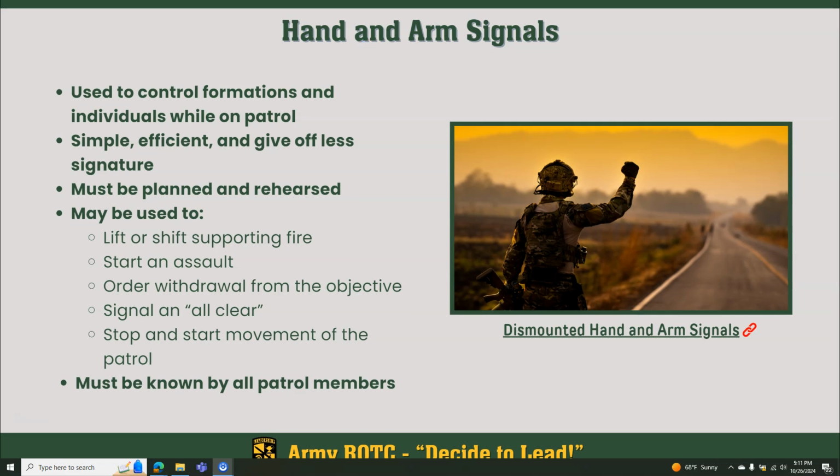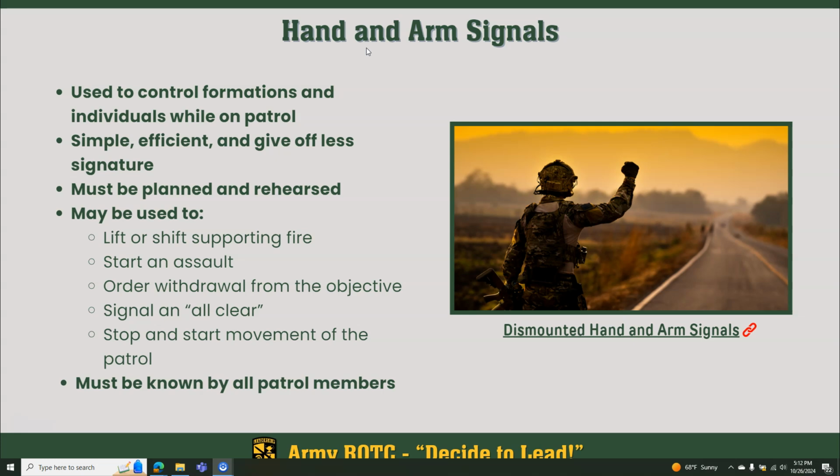Now, with that, what's also important is understanding passing it back and receiving it from people in front of you. So that's where those security basics kind of come in and how important it is to keep your head on a swivel and also to maintain visual distance from at least one person in your patrol or your formation, because you need to be able to check and see if they're sending back information via hand and arm signal.